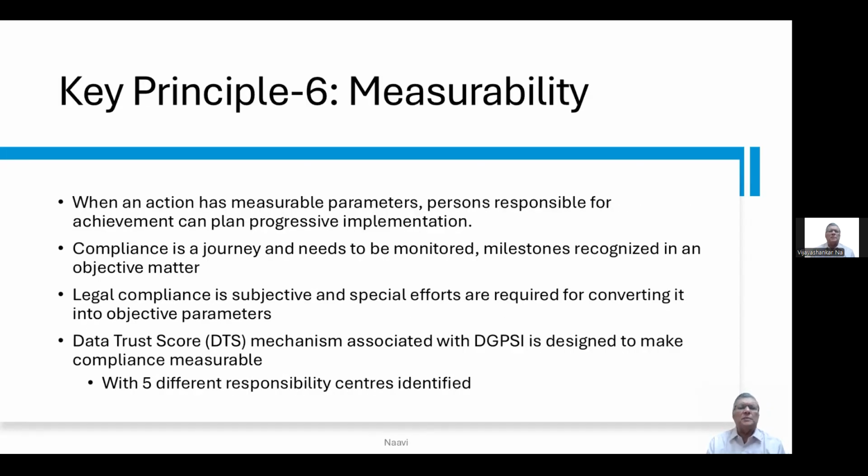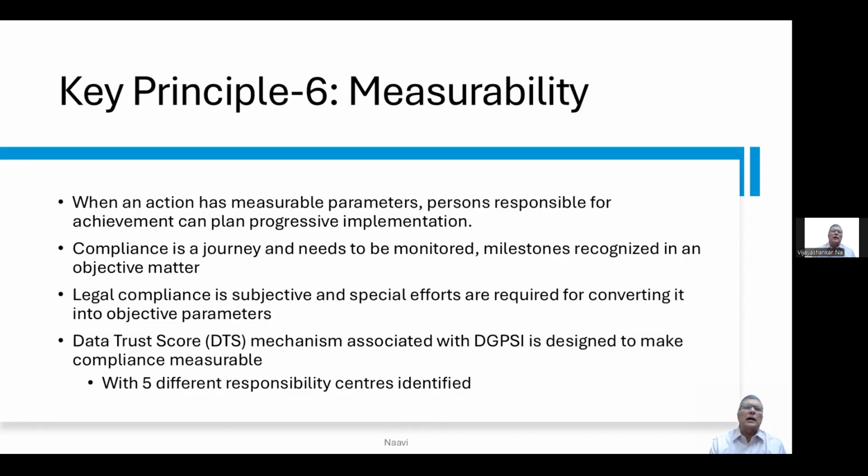Then we come to measurability, which means that whatever methods we use for compliance, we should build it in such a manner that we should be able to measure how well we are managing the compliance, and that leads to a measurable score, which we have called the data trust score.